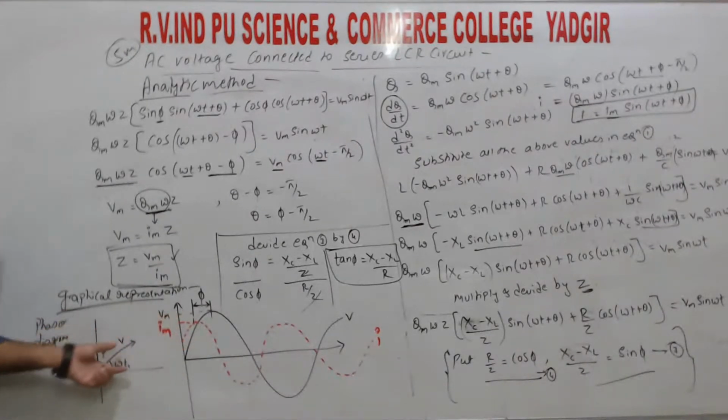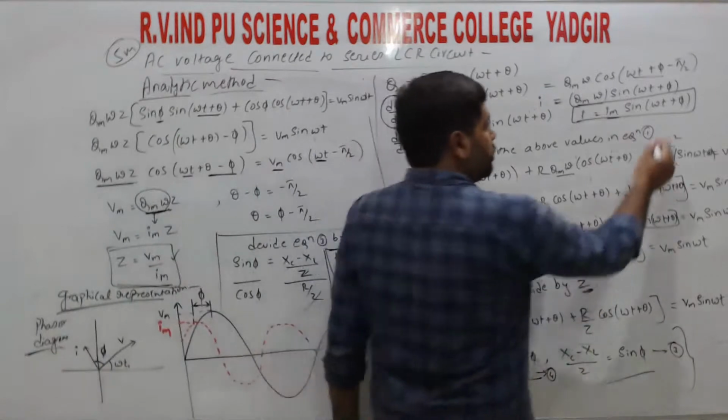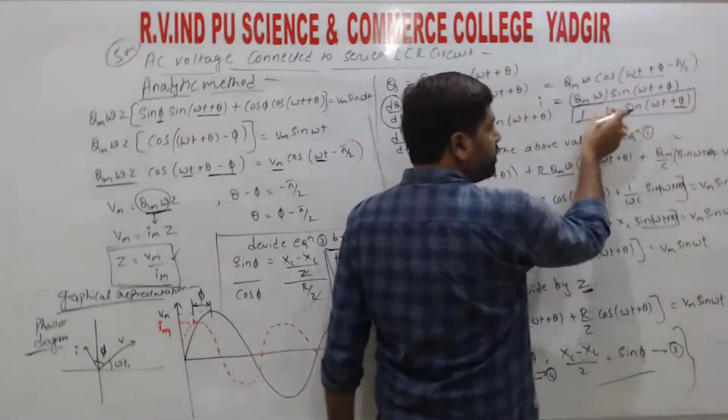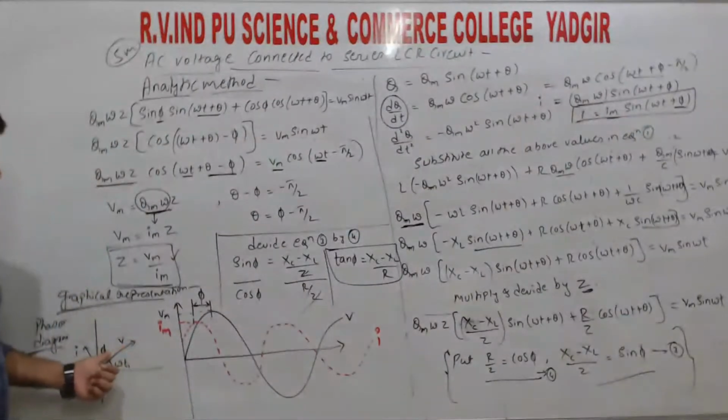We can extend this and make the phasor diagram, or in general we can write V and I. I leads the voltage by the phase phi, because here we get plus phi. So plus phi means the current is leading the voltage by a factor, and that factor is phi.